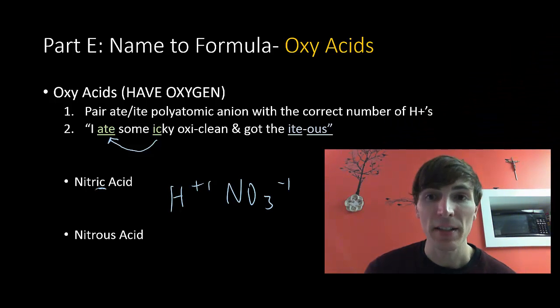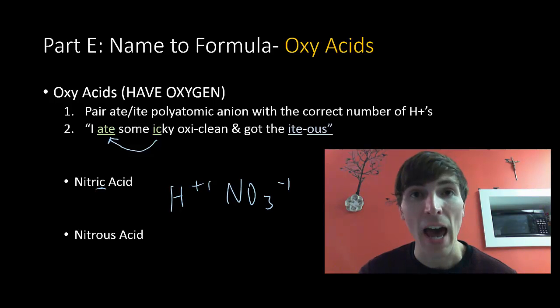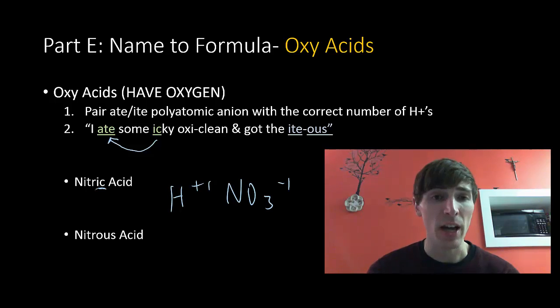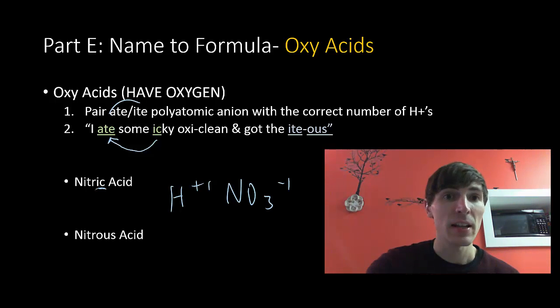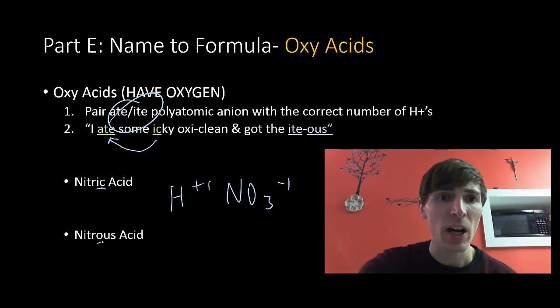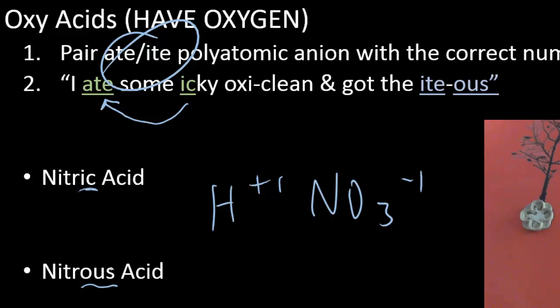Let's look at another example. Nitrous acid: I know it's an acid, it ends with the word acid. I know it has oxygen in it because it doesn't start with hydro. So I go to my polyatomic ion sheet looking for the ate or ite polyatomic ion. I remember that I ate some icky OxyClean and got the itis, so when I see that ous ending, I look for the anion that ends with ite.